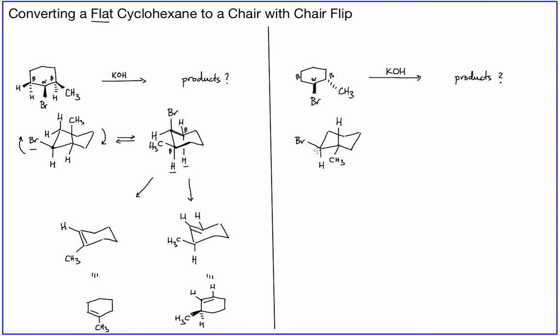We can do the same type of analysis in our chair. So we know that in an elimination, the leaving group has to be axial in a chair cyclohexane. So the leaving group is not axial here, so we have to do a chair flip.